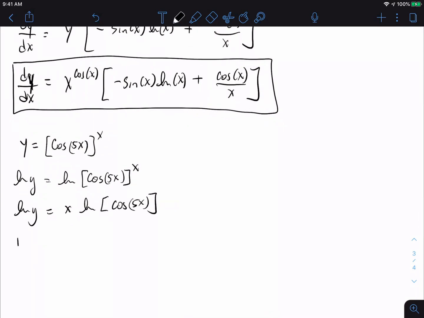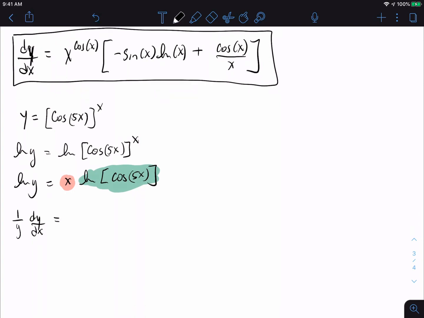So I'm going to get 1 over y dy dx. And then this is a product again, right? But this green one now is kind of ugly, right? Because it's going to have a chain rule in it. That's okay.